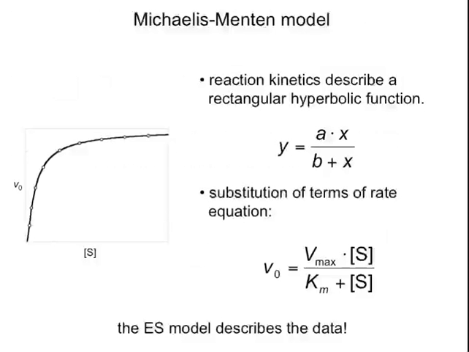So, what next? So ultimately, we want to get to a mathematical expression to describe this initial velocity versus substrate data. Again, we see a rectangular hyperbola, right? This is a way to write down a rectangular hyperbola algebraically, and if we could substitute terms for our rate equation into that, then we can see that we can define the reaction velocity in terms of Vmax, Km, and substrate concentration.